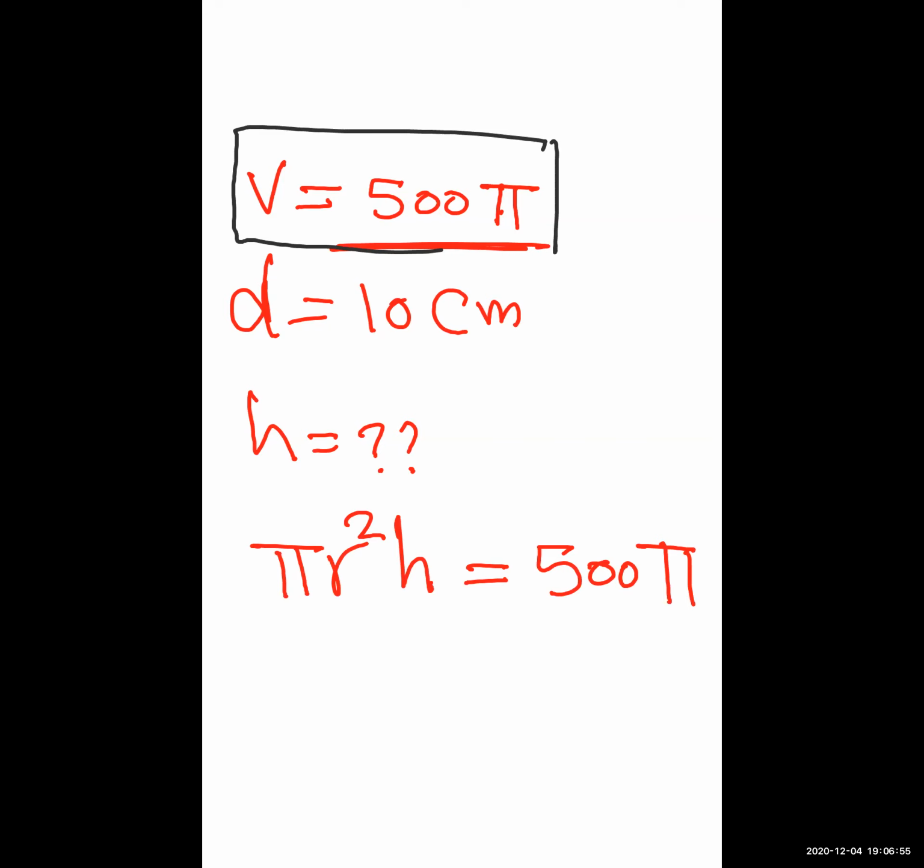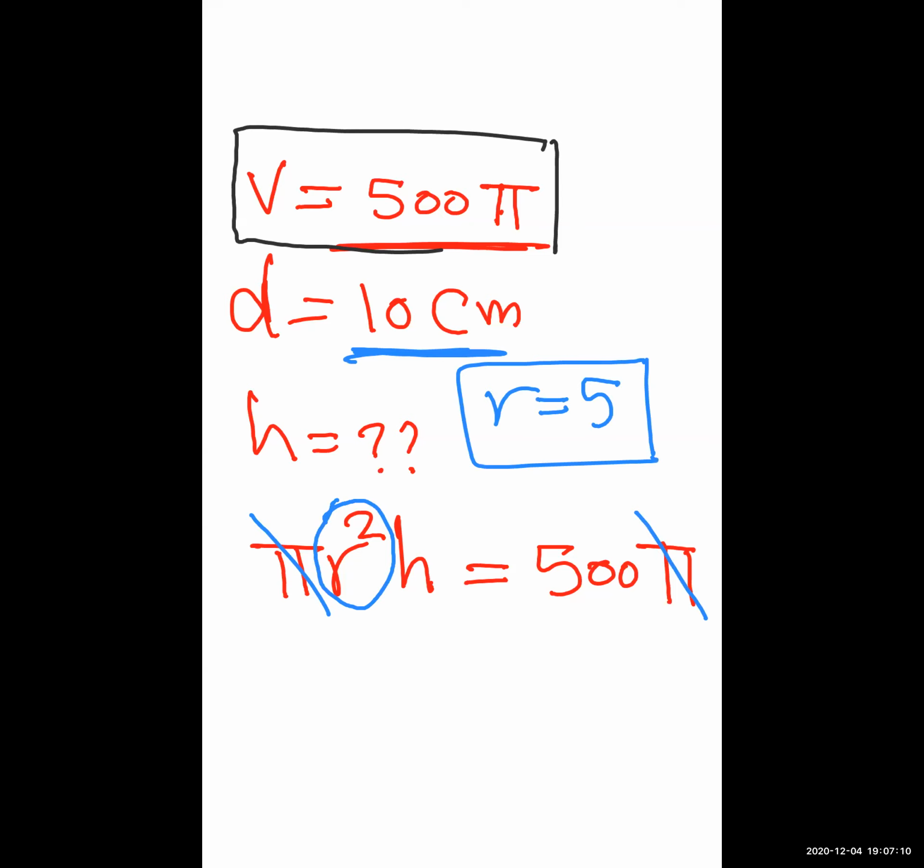Then now I can simplify this pi with this pi. And for r squared, the diameter is given, so r equals 10 divided by 2, which is 5. So r squared, 5 squared, which is 25, times height equals 500.